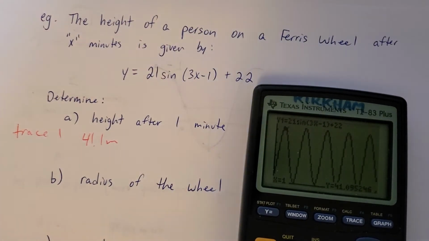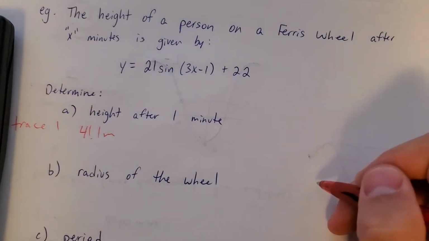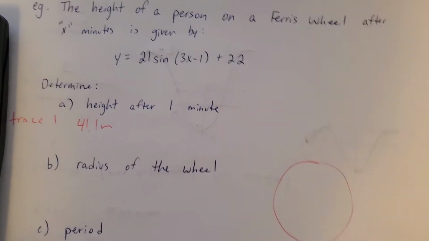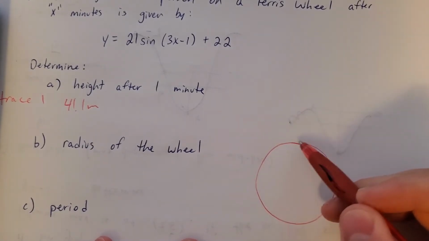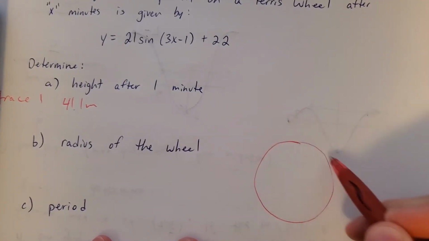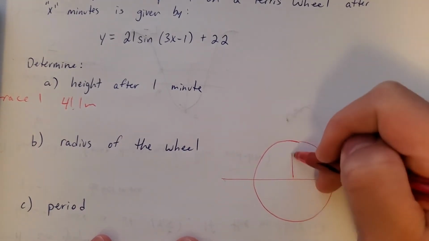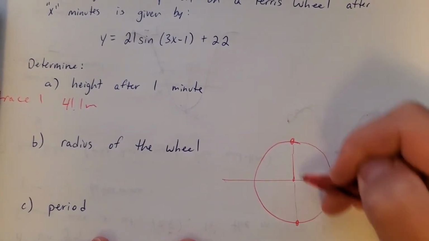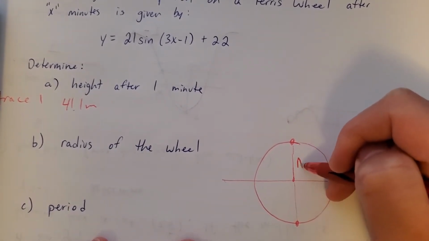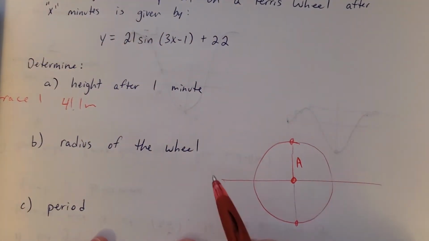All right, part B, the radius of the wheel. Well, we'll have to think about that. So I want you to picture a Ferris wheel. Okay? So you get on, it goes all the way up, all the way down. This is like your maximum height. This is your minimum height. So the radius of the wheel, I think you'll agree, will be the amplitude of the ride.